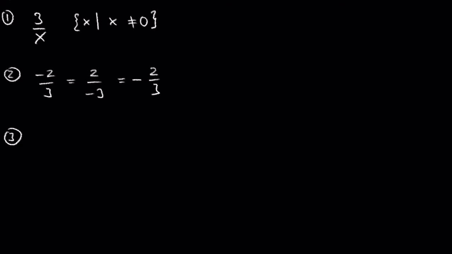Third, be sure not to get confused by negative 5 minus 7 and negative 5 times negative 7. The first problem is subtracting or adding a negative number. The second problem is multiplication.